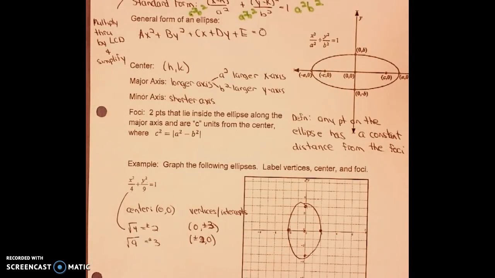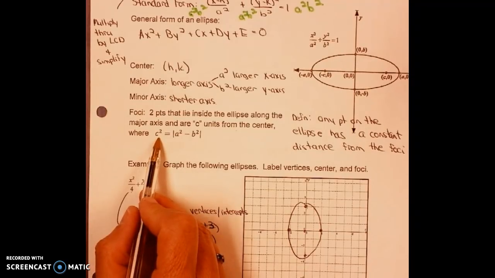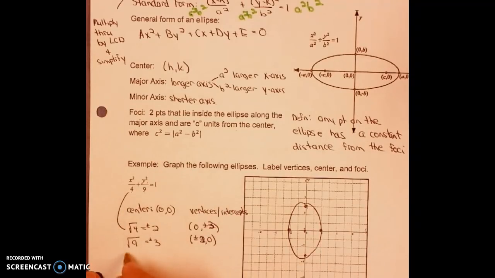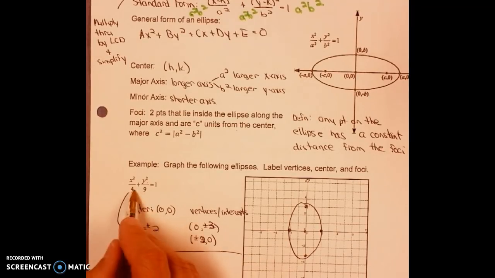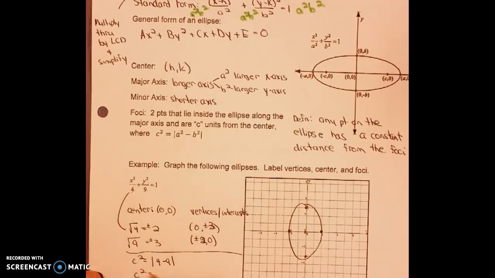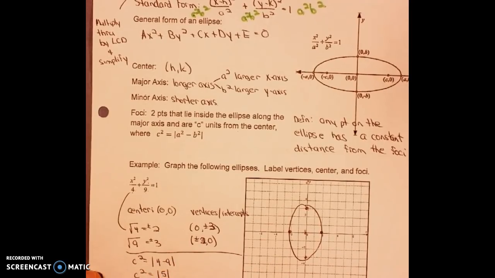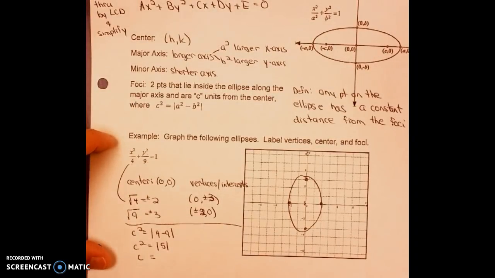And finally, the other key points we want to find are those foci. Remember, the distance to those foci, we figured out c squared is equal to the absolute value of their difference. It doesn't really matter what the order is. When I take that absolute value, I end up with the same thing. So c squared is equal to the absolute value of 5. When I take the square root of that, I end up with approximately 2.24.